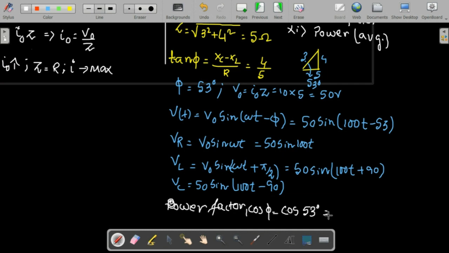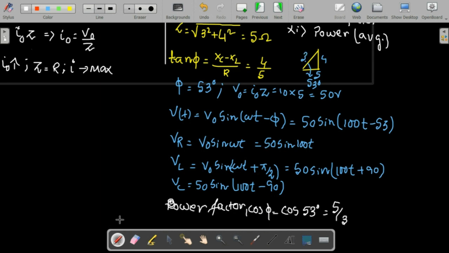You can use the same triangle to find out even for cos also. Okay, it's cos of 53 degree. So if you check it here, base by hypotenuse, so it is 5 by 3. So that would be the power factor.